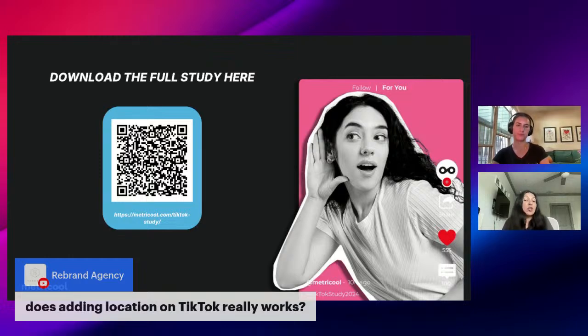It is good practice to add the location if it's relevant to the content. If it doesn't really matter, then I would say it's kind of up to you. And you can decide from there if it's important for you to have it on or not. But definitely for location based content, travel content is a good example. Any brick and mortar businesses, things like that.